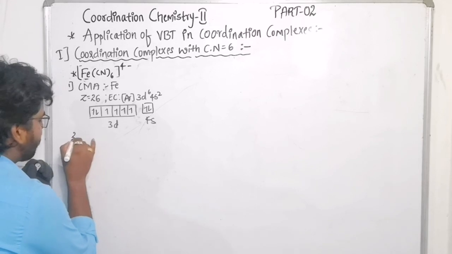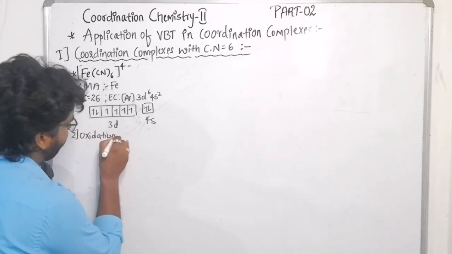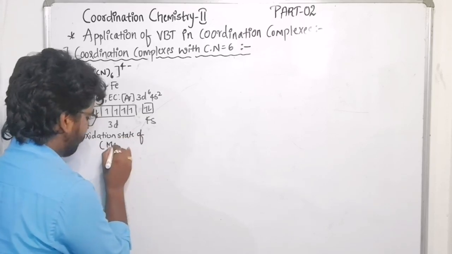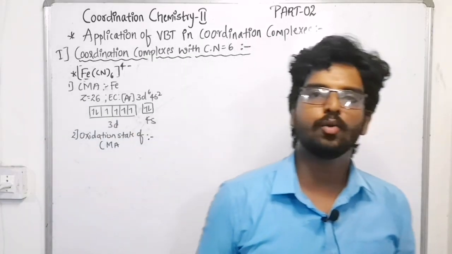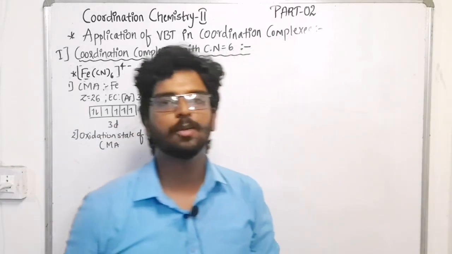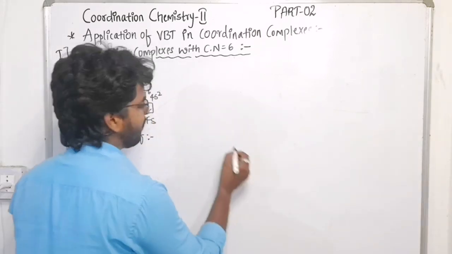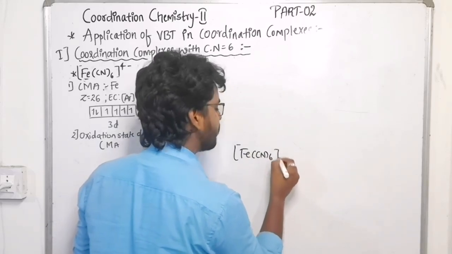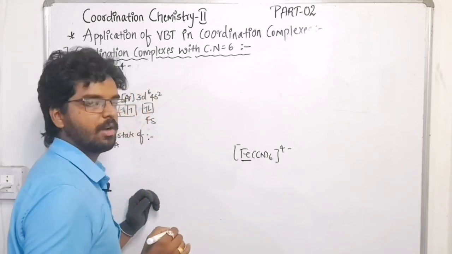The next step is very simple. You need to find out the oxidation state of the central metal atom, that is, in which state the ion is present in the given coordination complex. I think people have learnt this in coordination chemistry part 1. Fe(CN)6 4- is the given complex, so we need to find the oxidation state of Fe.